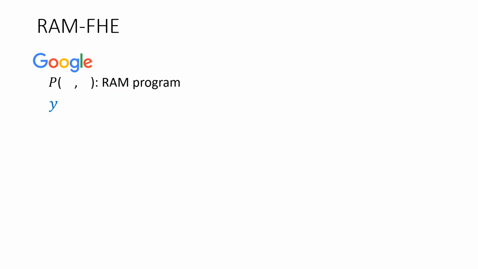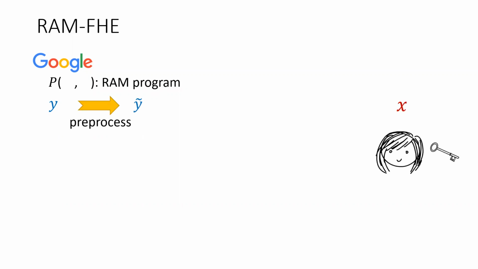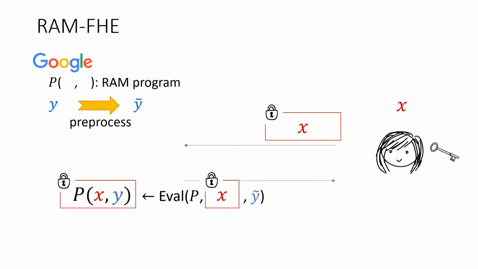And in RAM FHE, we preprocess, and then after this one-time preprocess, the user comes in with a private input, and what we want to do is encrypt this input and do homomorphic evaluation on this program P. By homomorphic evaluation, what we want is to compute this RAM program P on input X and Y. But Google is given the program P and only this preprocessed Y and the ciphertext.